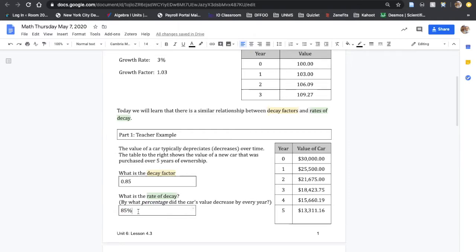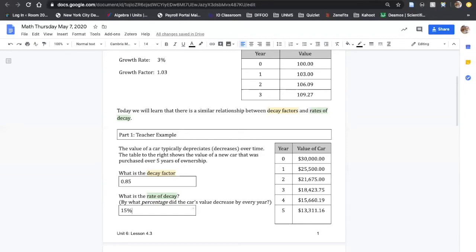In this case here, this 85% represents how much of the car's value is left over. So from year 0 to year 1, the car retained 85% of its value, which means that it actually decreased by 15%, right? Because 85% plus 15% gets us to 100%.